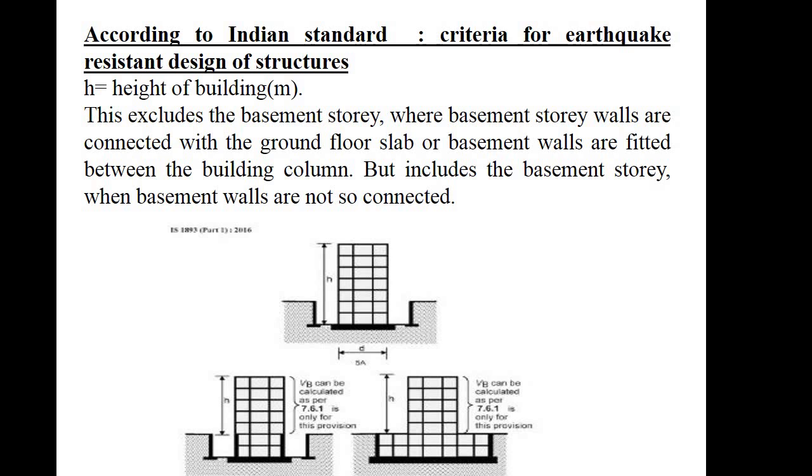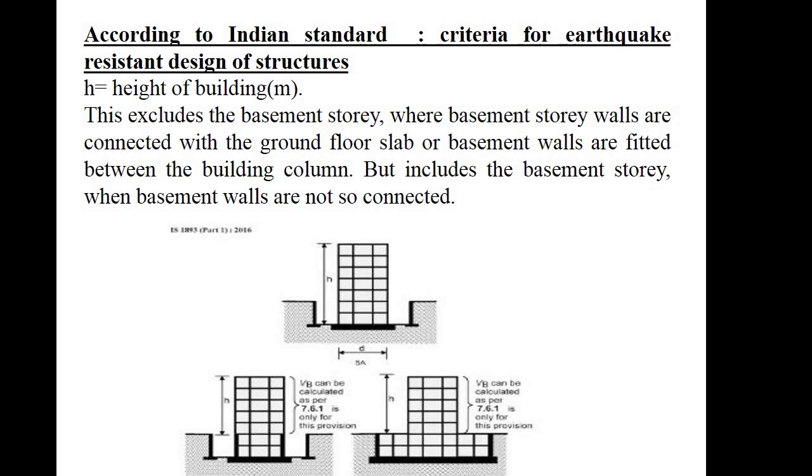In the second figure, you can see that the height is taken from the upper portion, excluding the infill wall portion. If there is an infill that acts as a rigid element, the height is taken from that excluded portion of the floor to the top of the main portion of the roof.